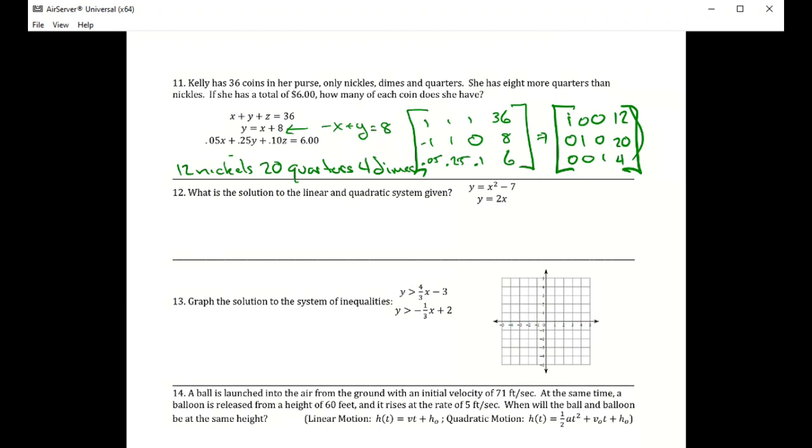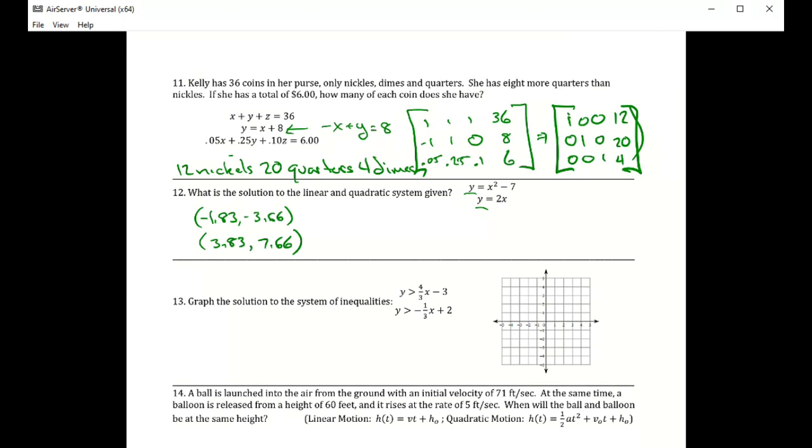All right. What is the solution to the linear quadratic system? We're already solved for y. So we could go the easy route and we can just go y1, y2, second trace, intercept. And you would get negative 1.83 comma negative 3.66 and 3.83 comma 7.66 as our 2 solutions.